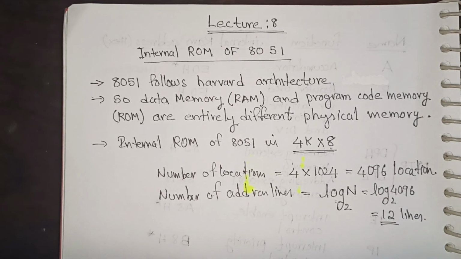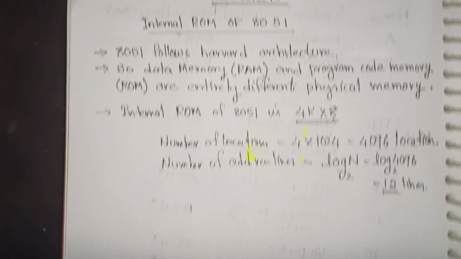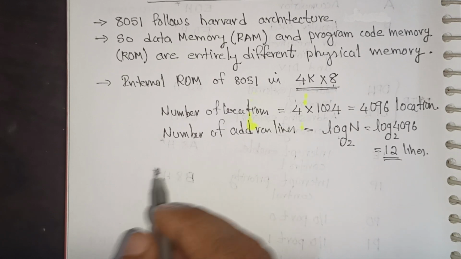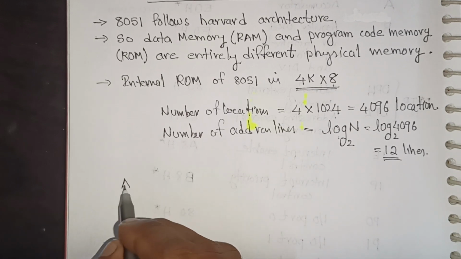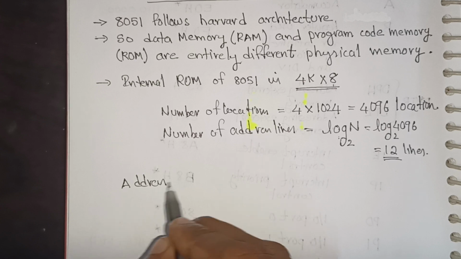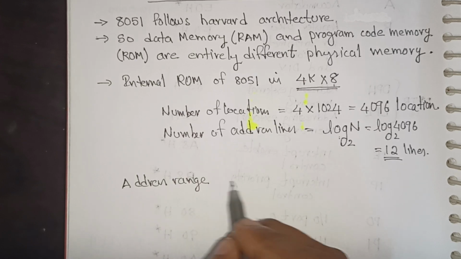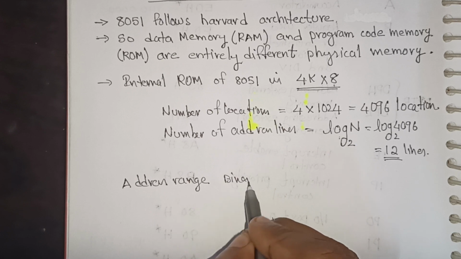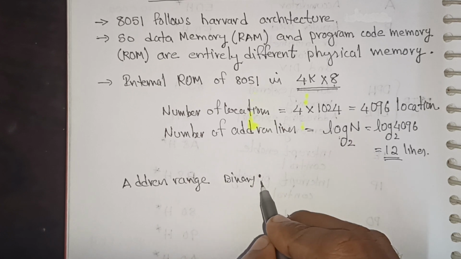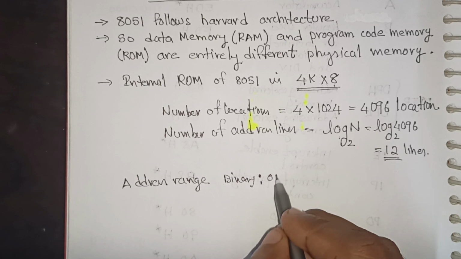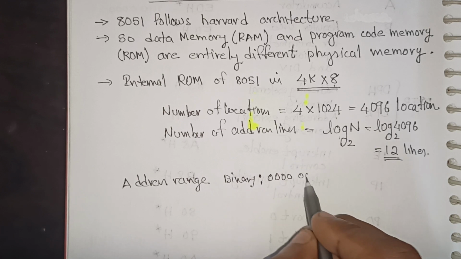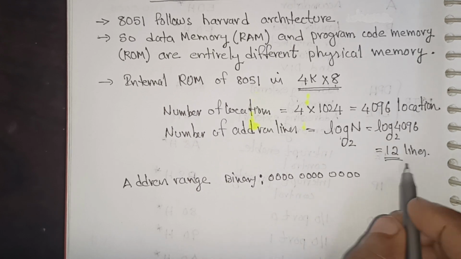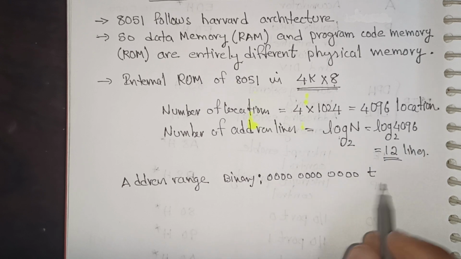So what will be the address range? It's so simple, right? 12 zeros to 12 ones in binary. So the address range, first of all, I will write in binary. This is the binary form: 12 zeros to 12 ones.